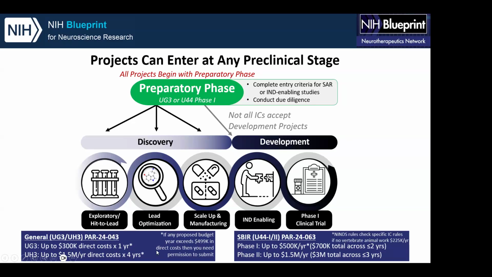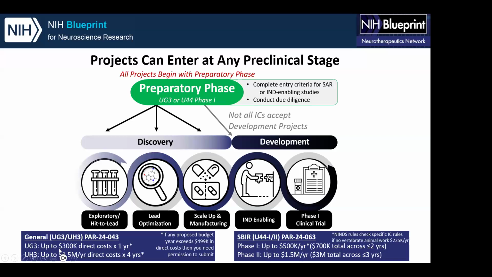The budgets: you need to propose a budget that you actually need. In the UG3, UH3, it should not exceed $499K in direct costs in any year of the grant. And you must submit all years of the grant with the grant application. So you're not submitting just a grant application for UG3, you're submitting a grant application for UG3 and UH3, or U44 phase 1 and phase 2.